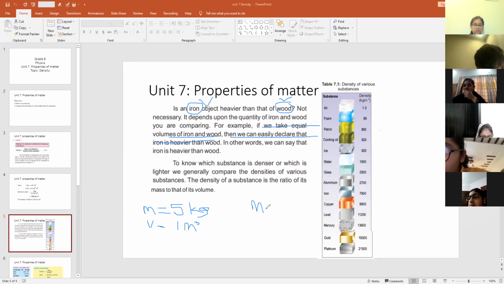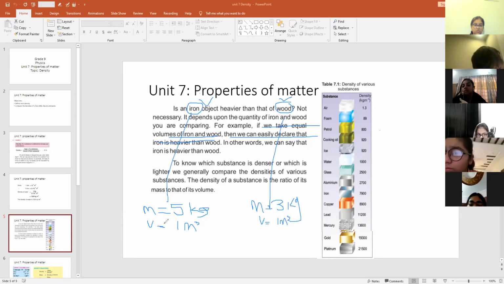This is the mass for wood, that is 3 kg. And the volume will be kept the same. If we keep the volume the same, we easily come to know from these values that this is the density for wood, and this is for iron.